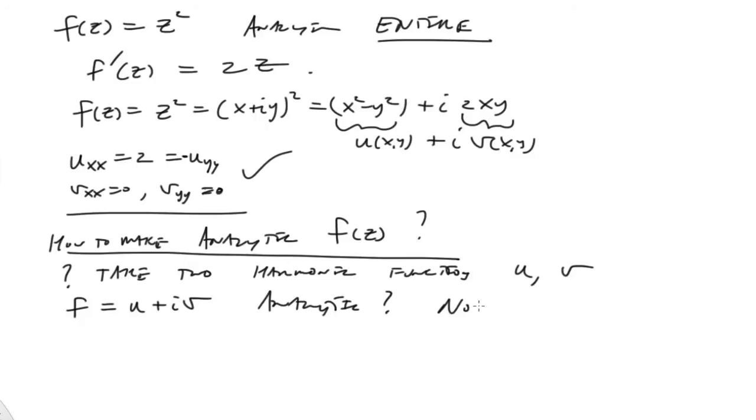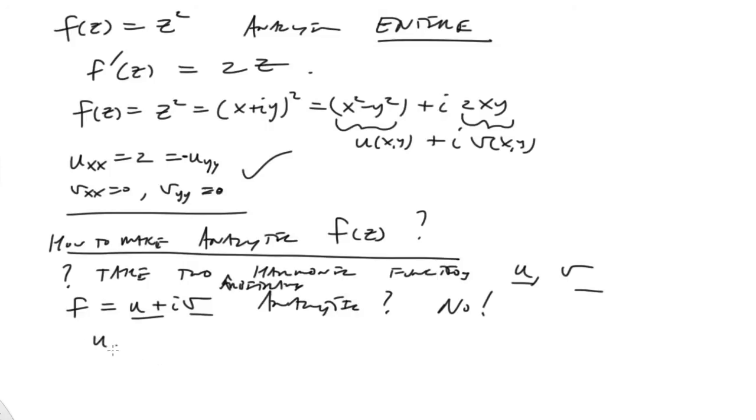And the answer is an emphatic no. If I just take two arbitrary harmonic functions u and v, they're not necessarily going to create an analytic function.